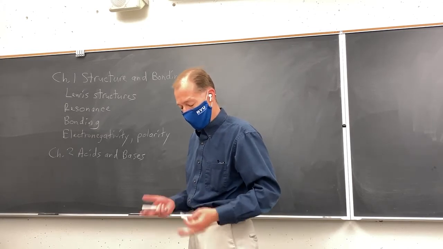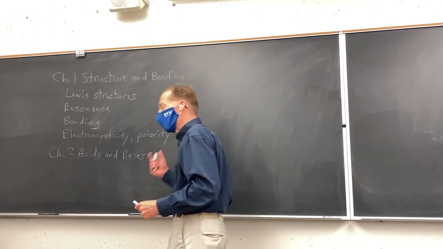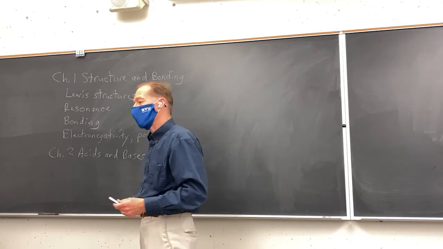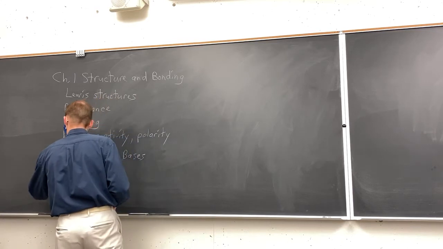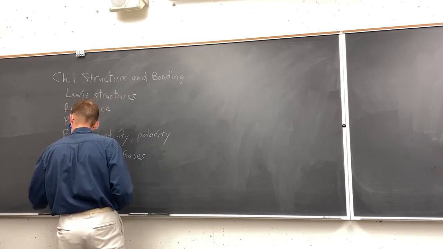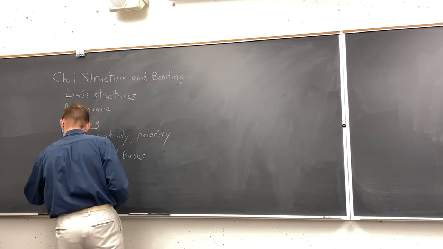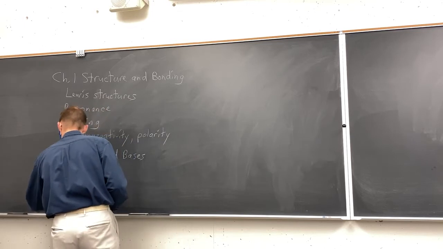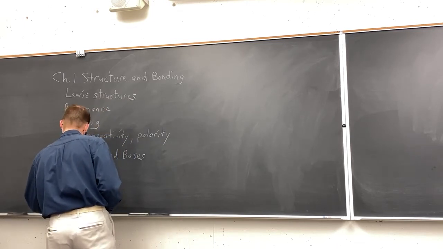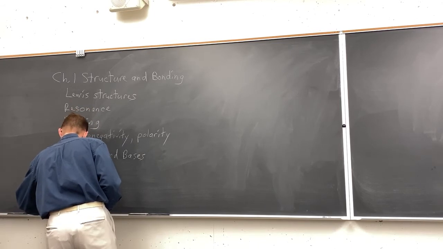So the key thing here is the four factors that we learned for determining relative acid strength, or the four effects. We have the element effects, we have the inductive effects, we have the resonance effects, and then we have the hybridization effects.